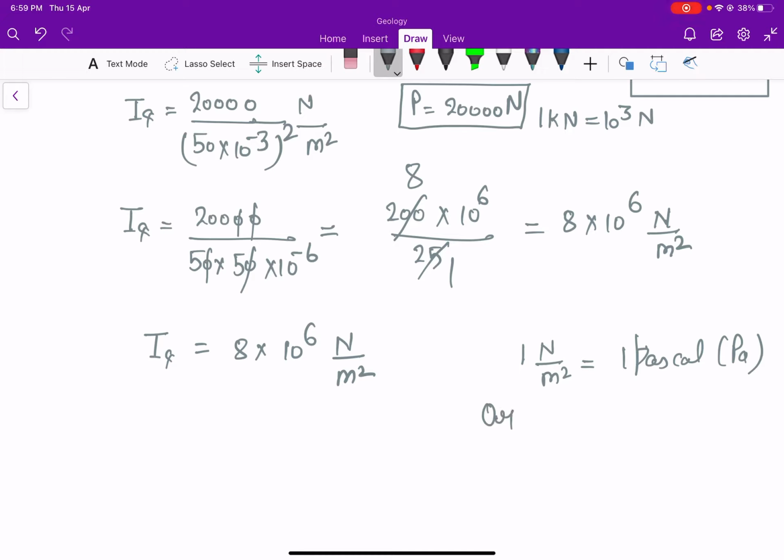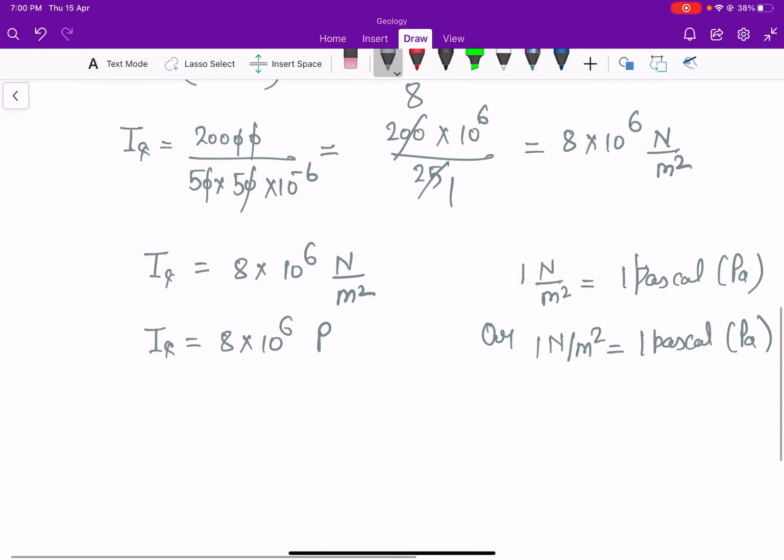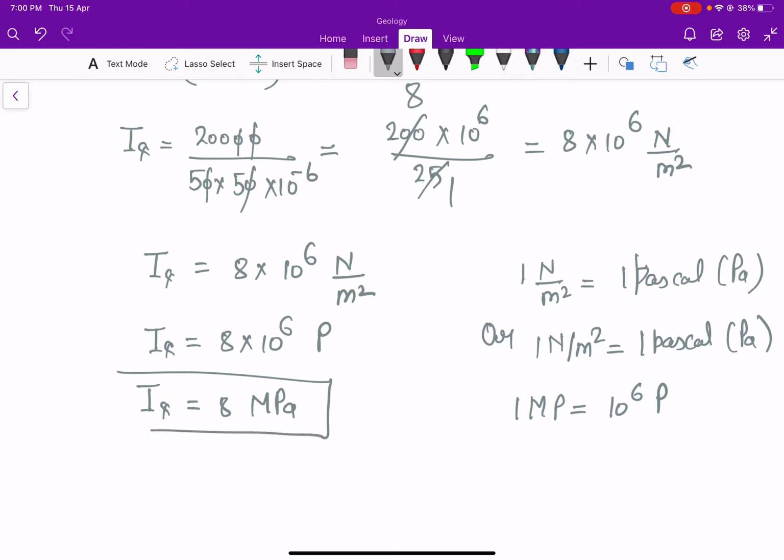So Is will be 8 into 10 to the power 6 Pascal. Again, 1 megapascal is equal to 10 to the power 6 Pascal. So Is will be 8 megapascal. So the answer will be 8.